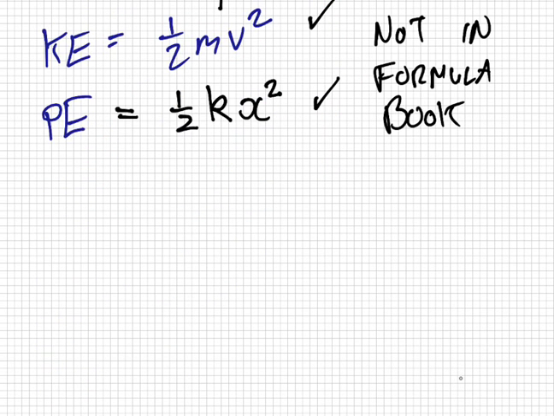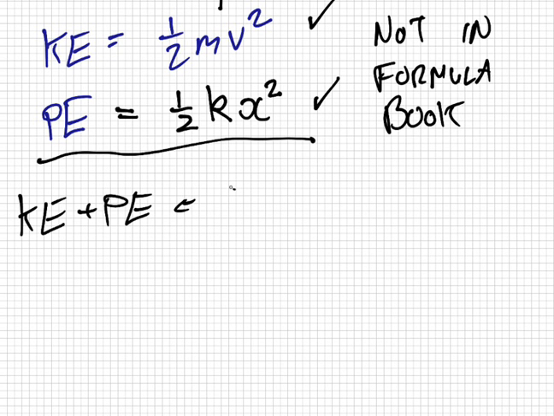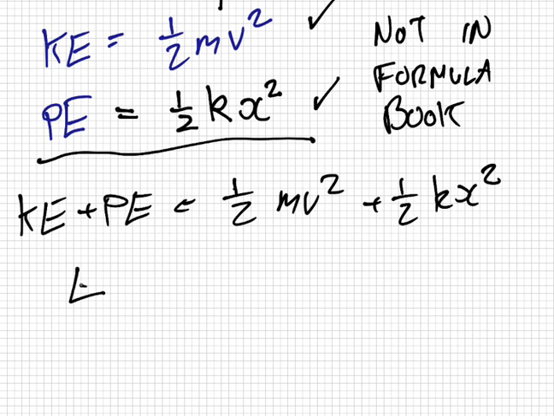I won't do the proof because it uses calculus, but as you've spotted, Mo, if you calculate kinetic energy plus potential energy, that will equal a half m v squared plus a half k x squared. So this is the total energy. Like I said, I'm not showing you the proof, so I'll just write dot, dot, dot.